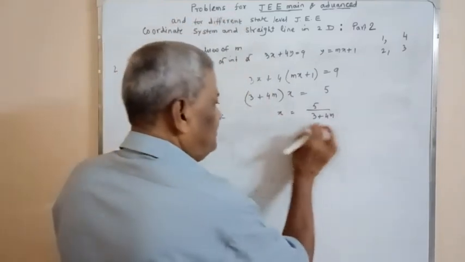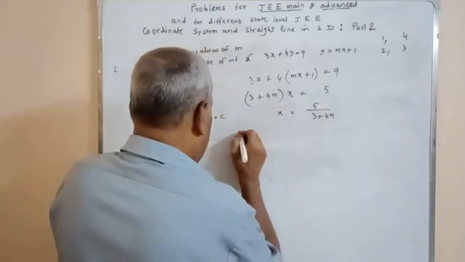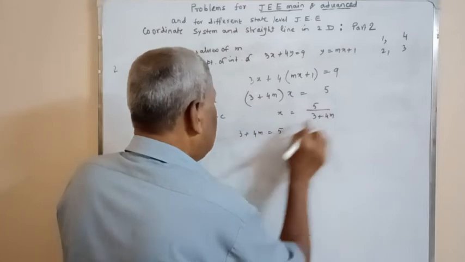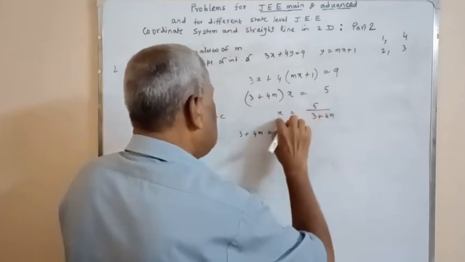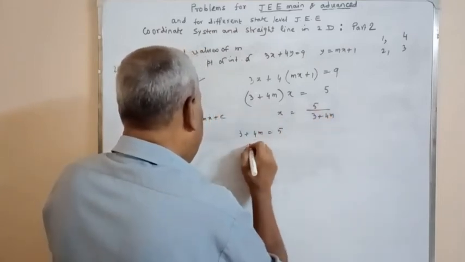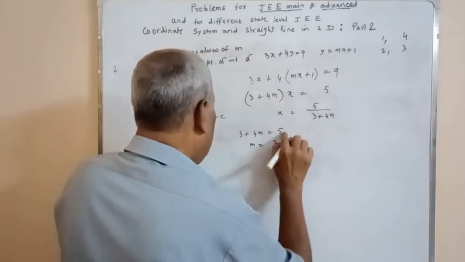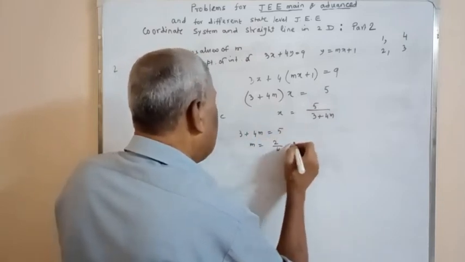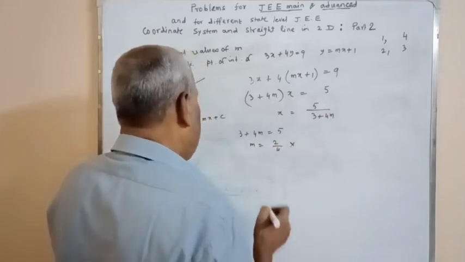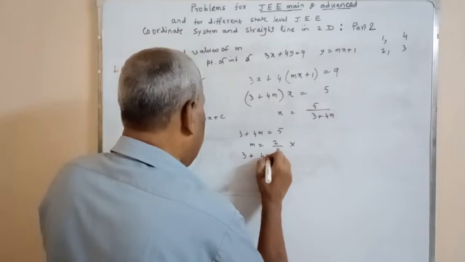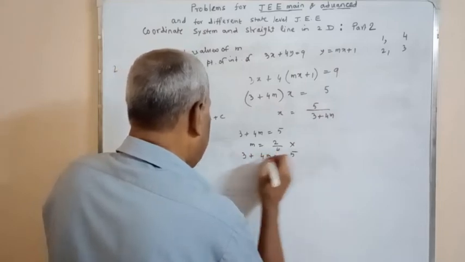Suppose 3 plus 4m is equal to 5. 5 by 5, so x is an integer. m is equal to 2 by 4, not an integer, so not possible. Suppose 3 plus 4m is equal to minus 5.